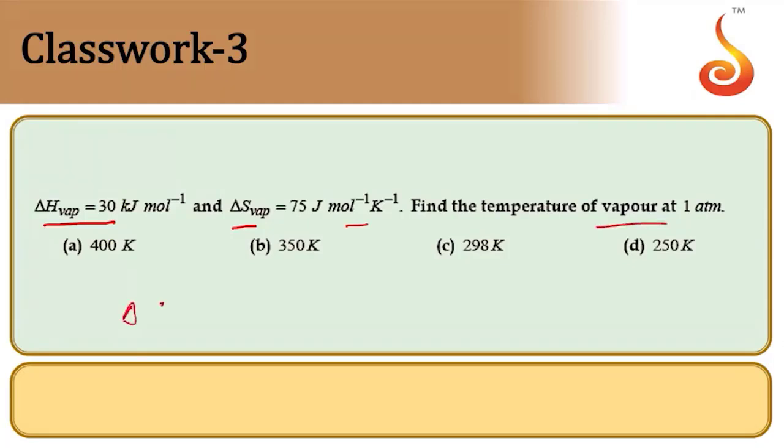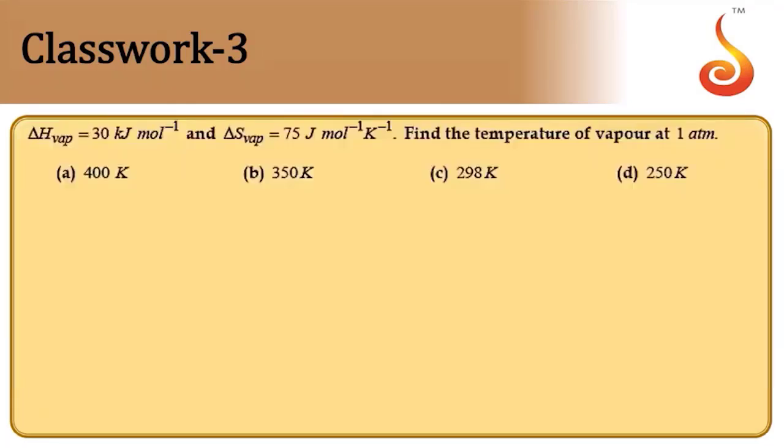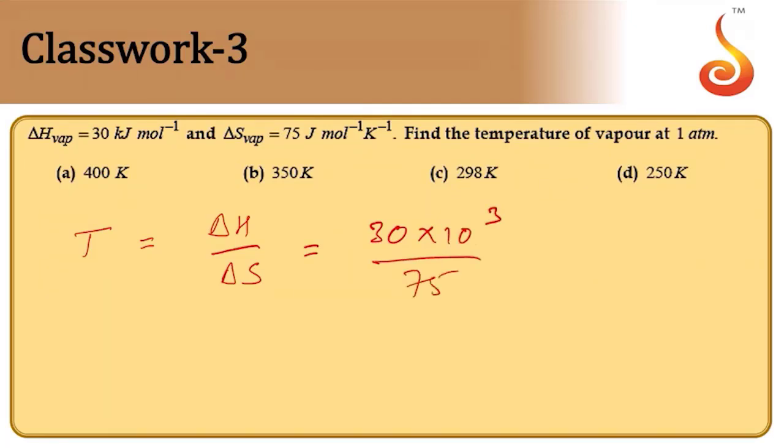We know that delta S is equal to delta H by temperature. Therefore, we require temperature, so temperature T will be equal to delta H by delta S. We need to see that all are having the same units. Delta H is given as 30 into 10 to the power of 3, because units will be in joules, by the entropy of vaporization, which is given as 75.